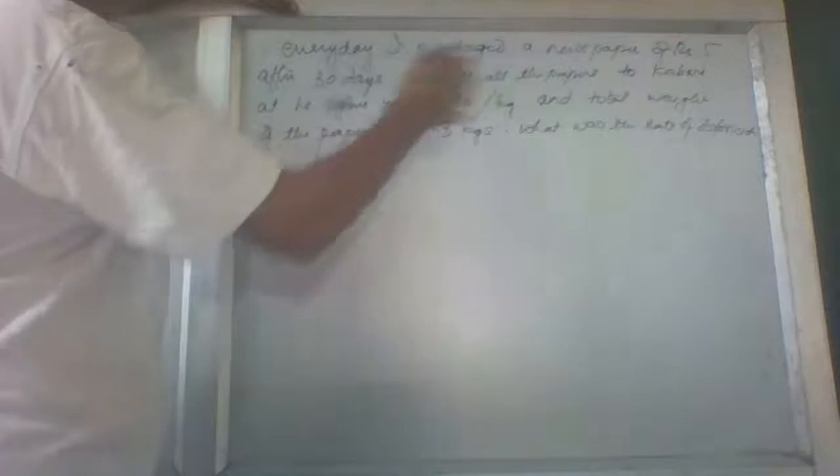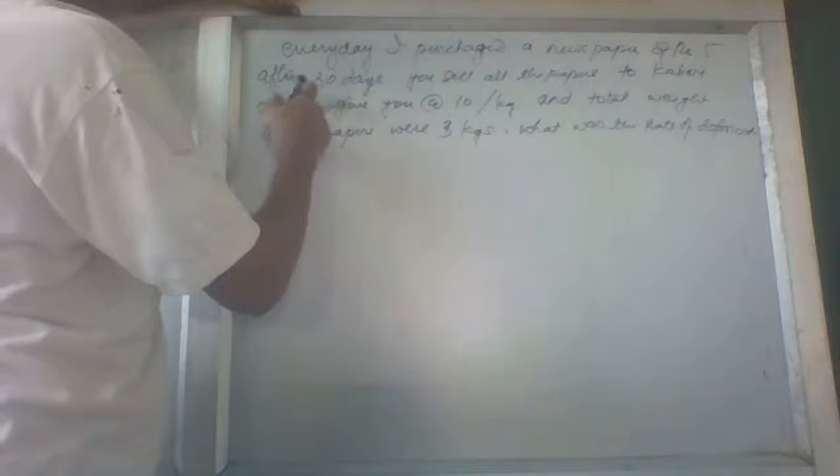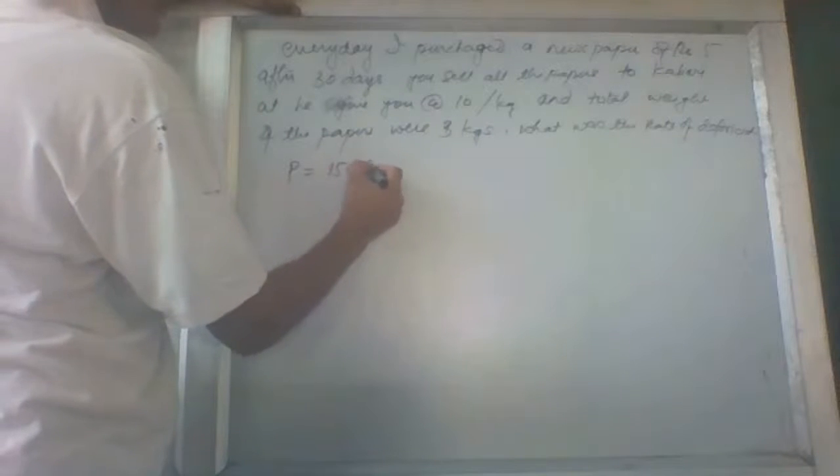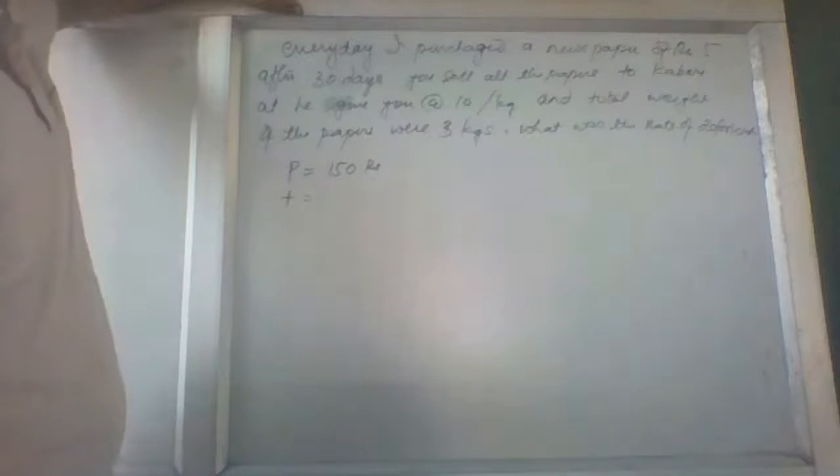This is the question. Now you make the principal. Every day 5 rupees you were giving, and for 30 days you invested. So the principal was 5 into 30, 150 rupees. And the time is 1 month.